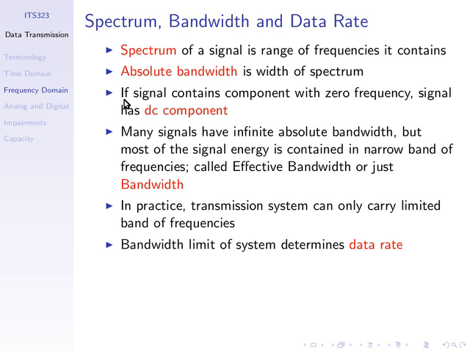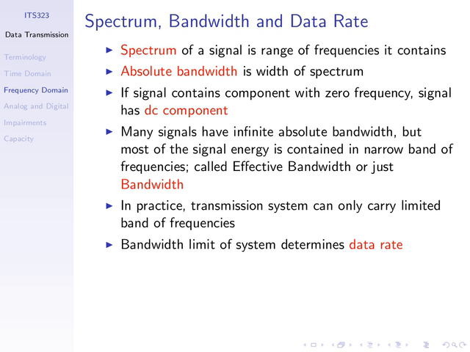Why do we care about these parameters of spectrum and bandwidth? Because eventually we'll see that they impact on our data rate and other things. So, some signal has a spectrum, the set of frequencies of the components in that signal.